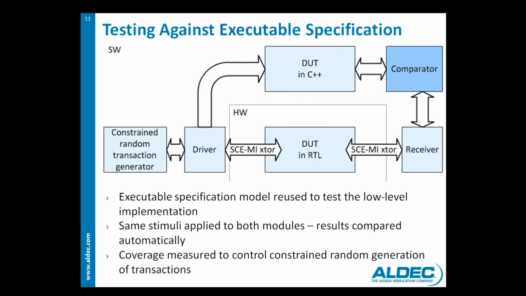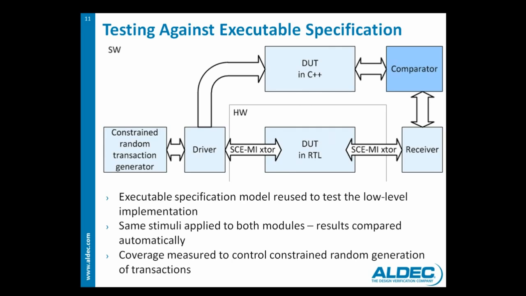One of the more important applications is testing against the executable specification. If you look at a complex algorithm which you already have in C, C++ or SystemC model, and now you have developed an RTL model, you want to check whether the executable specification matches the hardware, I mean the DUT which is sitting on the hardware.